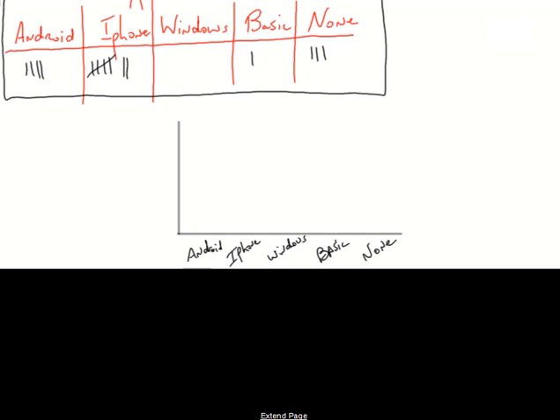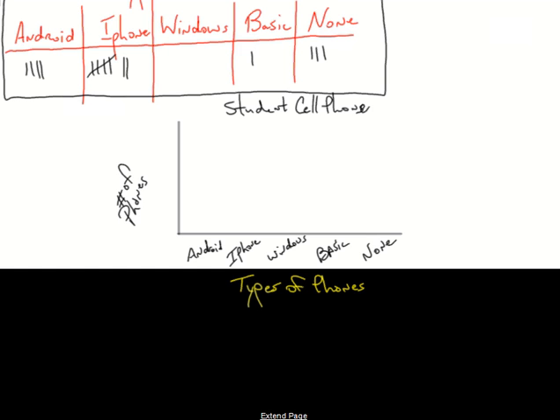So at the bottom, we're going to label these are types of phones. Along our vertical axis, number of phones. This is how many there are. The title, student cell phones. Phones, can't spell.